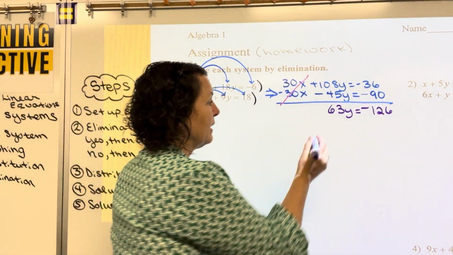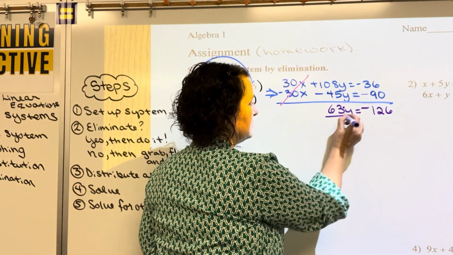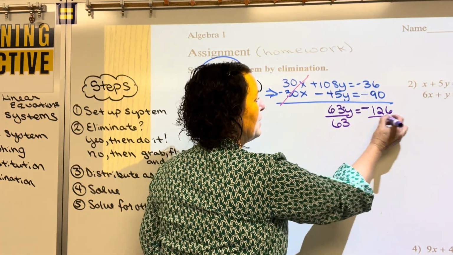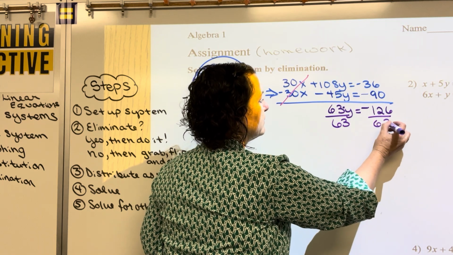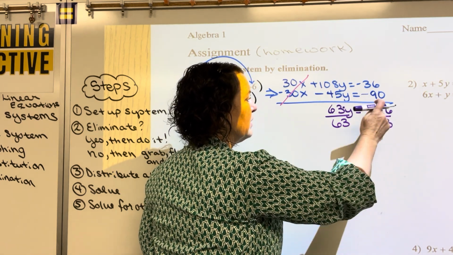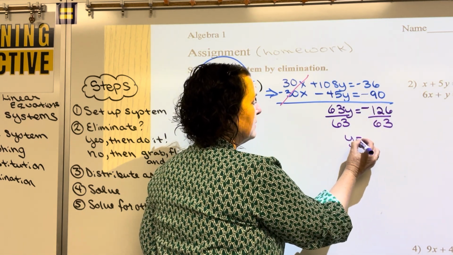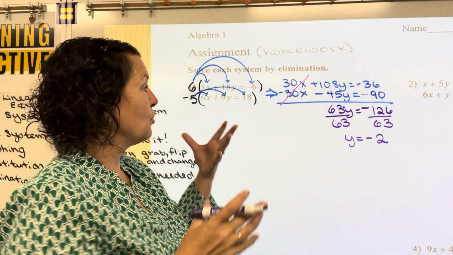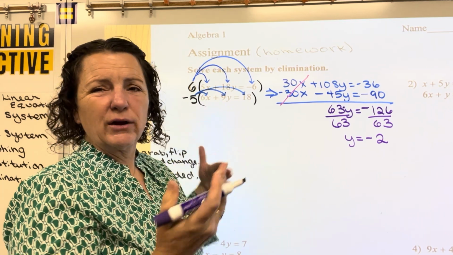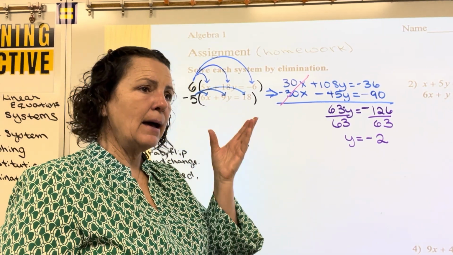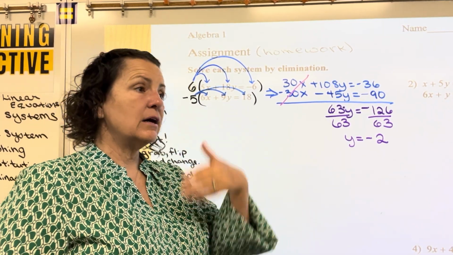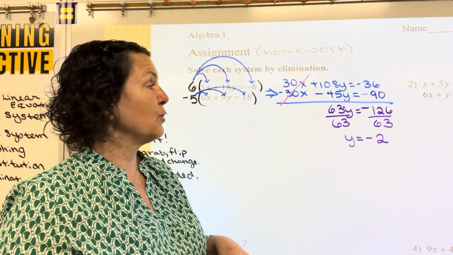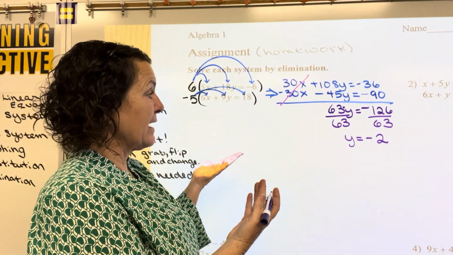Yikes. What's the opposite of multiply? Divide. Whatever we do to one side, we do to the other. Nice. And 63 goes into there twice, but it's going to be a negative 2. Okay? So when we're not working with a real life question, like I bought apples and pears at the store, or I bought a taco and a milk, like some of those other questions we were working on, this is an x and a y.